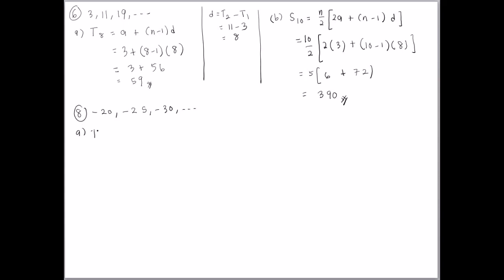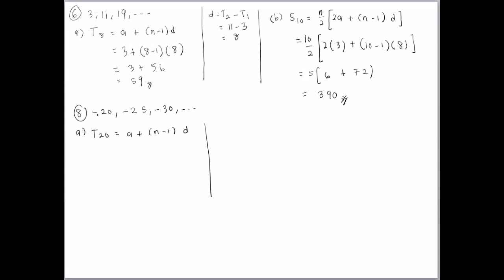So we want to find T20. Again, always write down the formula first. So T20 equals A plus n minus 1 D. And then we must know the value for A, value for n, and value for D.